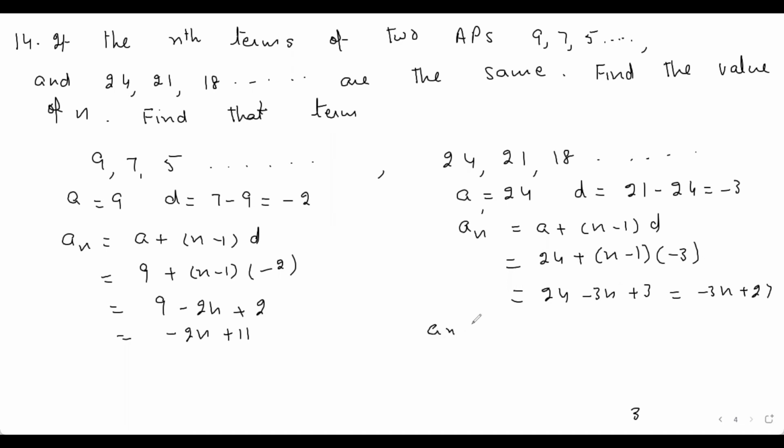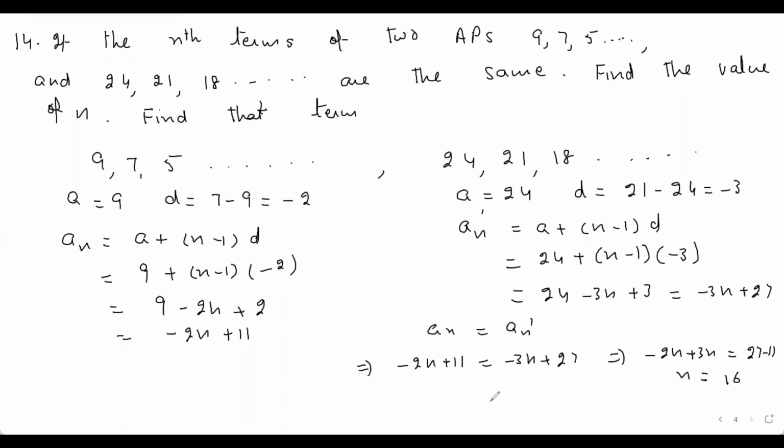It means An is equal to An dash. It implies minus 2n plus 11 is equal to minus 3n plus 27. It implies minus 2n plus 3n is equal to 27 minus 11. N is equal to 16.